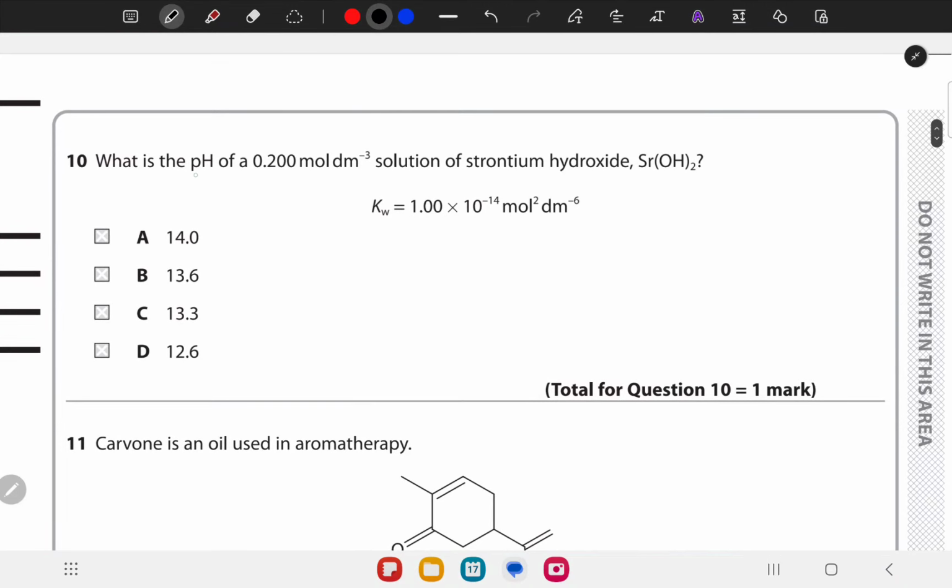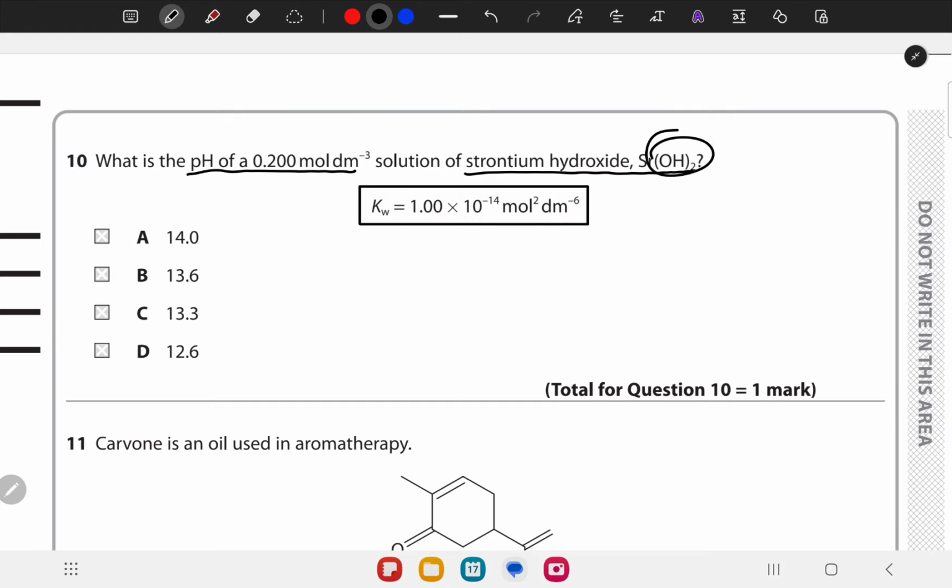Now in question 10 we are asked the pH of 0.2 mole per dm cube solution of strontium hydroxide. We are given the value of Kw. Since this is a hydroxide, we'll find the pOH value and then use that to find the pH value by subtracting it from the pKw value.